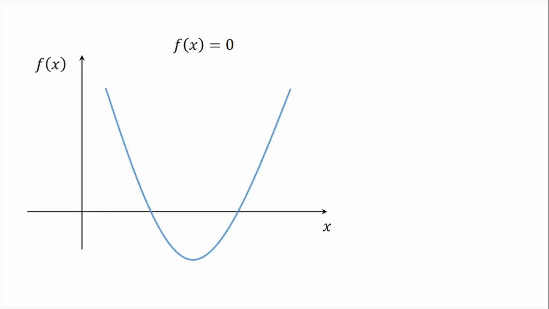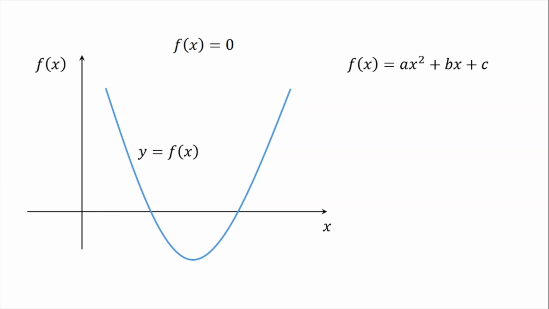If we have this graph, to visualize where the roots are located, the roots of the equation are the points in which the graph touches the x-axis. This graph here is a second degree polynomial in x, or a quadratic equation.